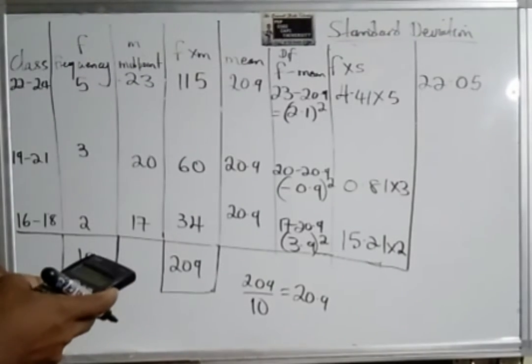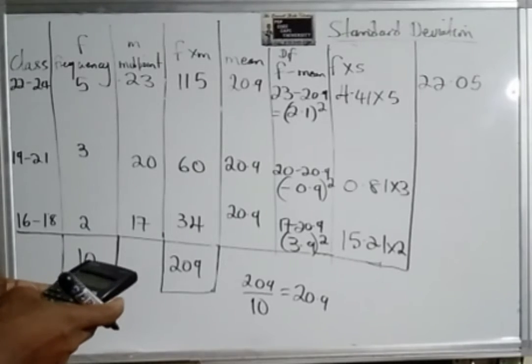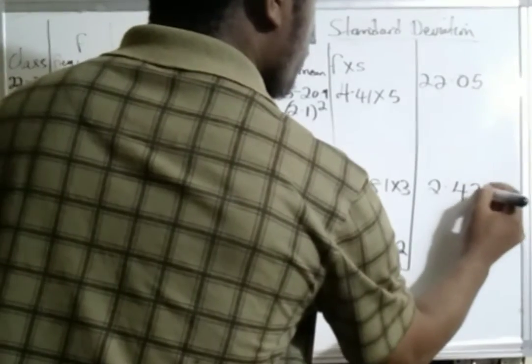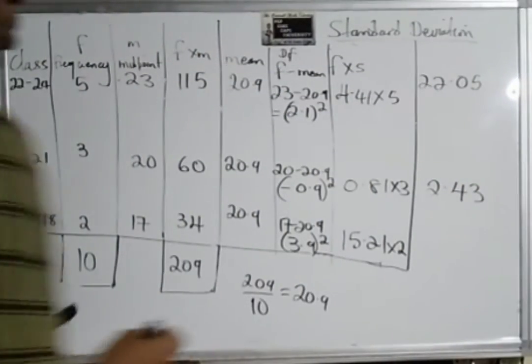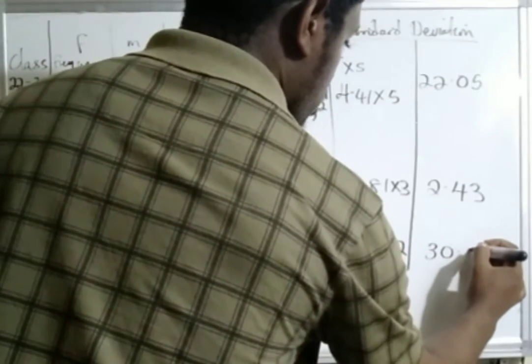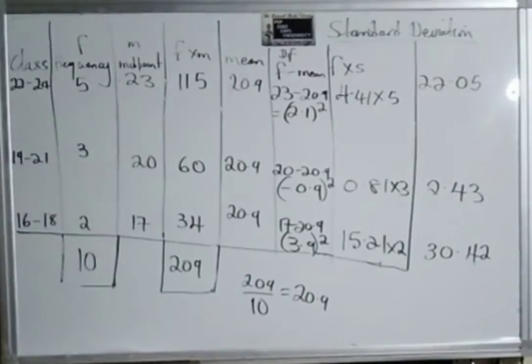So we multiply 0.81 times 3, that gives us 2.43, and 2 times 15.21 should be 30.42, right? Yes. Alright, we're almost through.